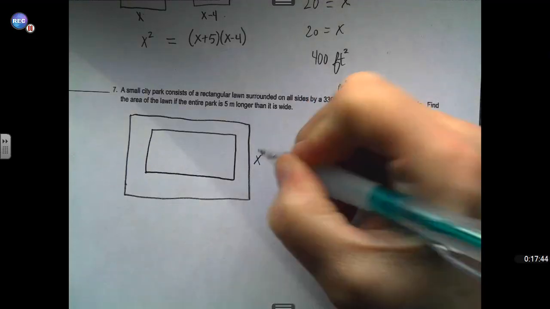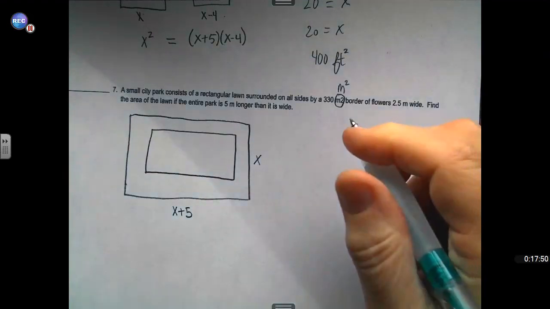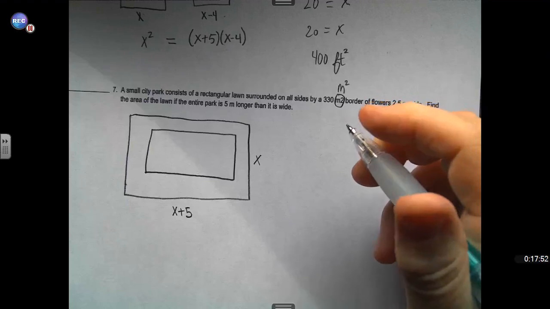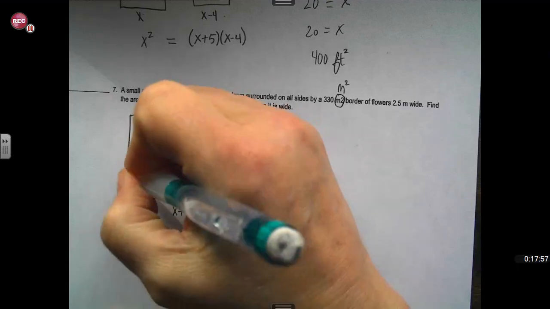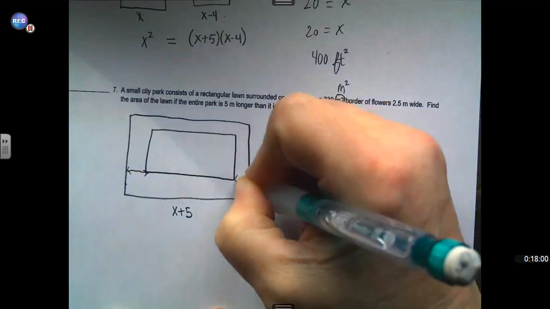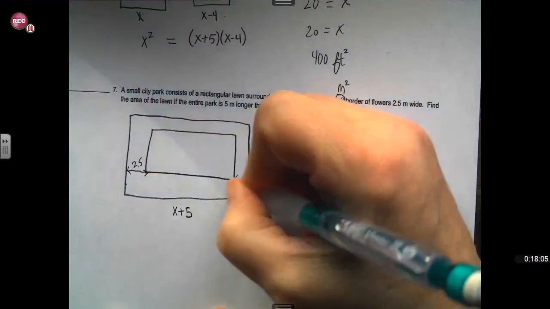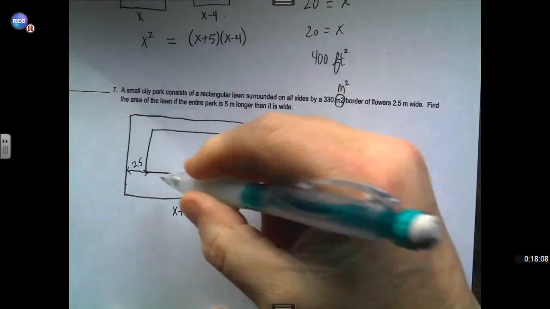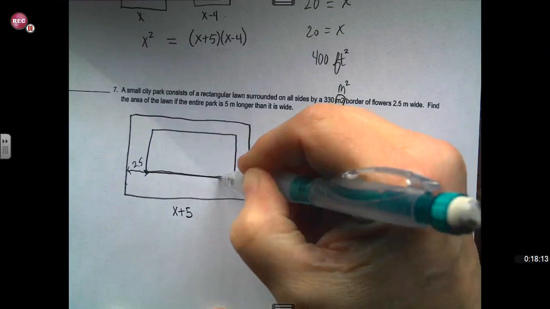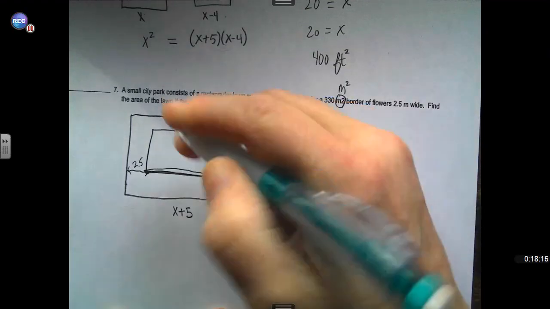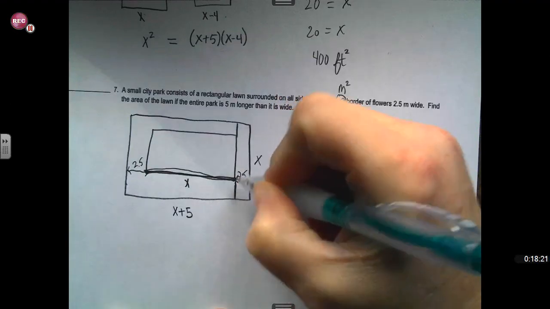So if this is x, this is x plus 5. And so this time we're talking about the entire park's dimensions being given instead of the other way around. So when I go to find the length in here, this is 2.5 meters and this is 2.5 meters. So I'm going to get the length from here to here, I'm going to subtract those 5, right? So this is going to be x, and this 2.5 here and 2.5 here.